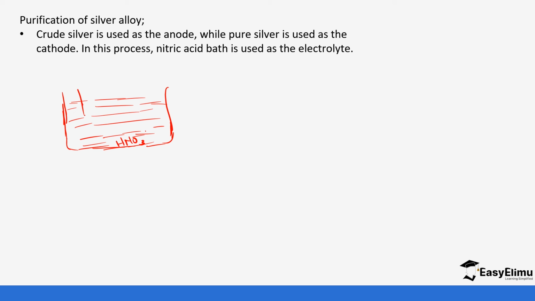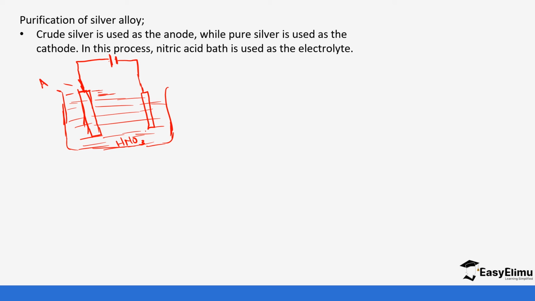So we have the impure silver, and you notice that it's fully immersed in the solution. And then we have the pure silver. The impure one is connected to a wire on the positive side of the battery, and the pure one is connected on the negative side.